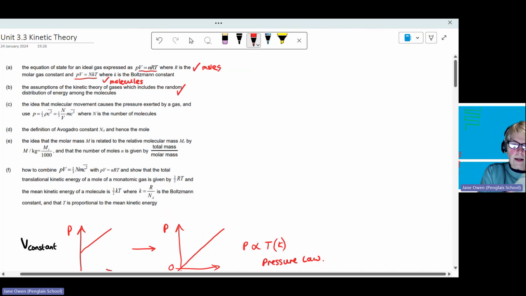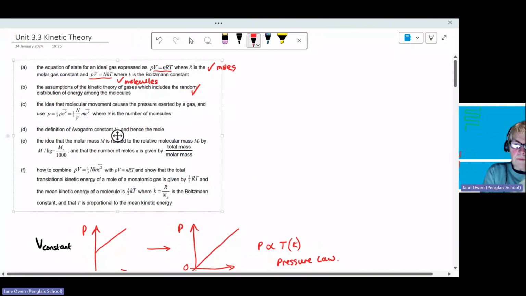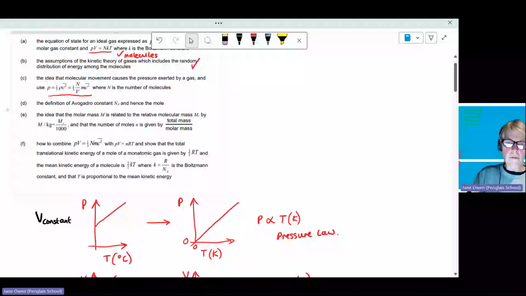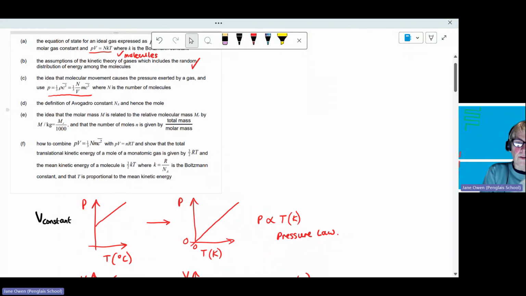We've had a look at how we get the equation for pressure, and how it relates to the density and the mean square speed. Then we went on to looking at the definition of the Avogadro constant and the mole.